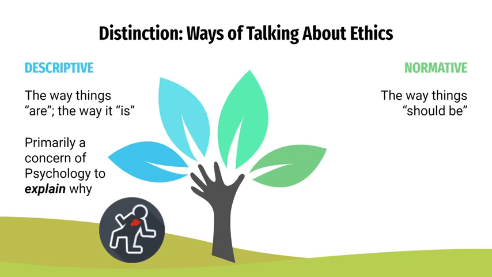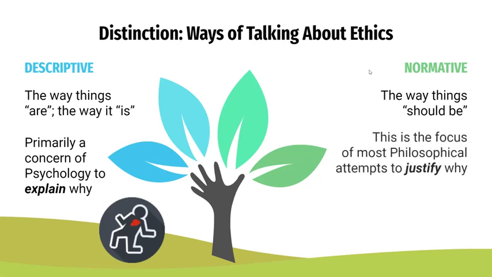And so what we mean by normative is the way things should be, because while important, the descriptive element is something that we can learn by just looking at behavior. But that's not what philosophers are concerned with. Philosophers are concerned with the normative aspects of human behavior, and that's the purview of ethics.